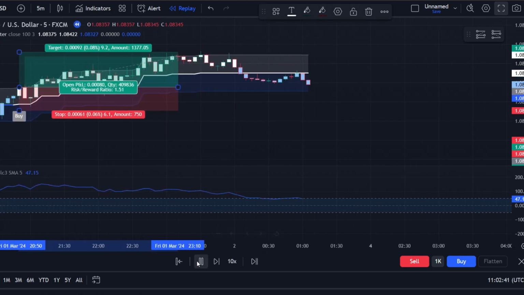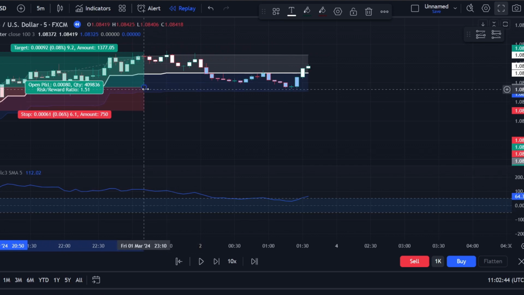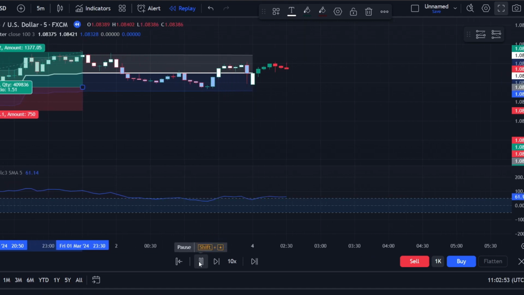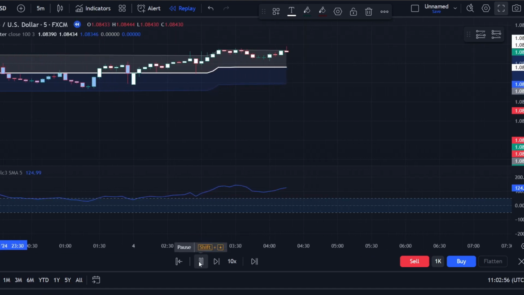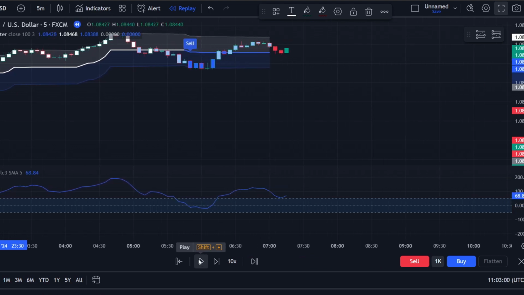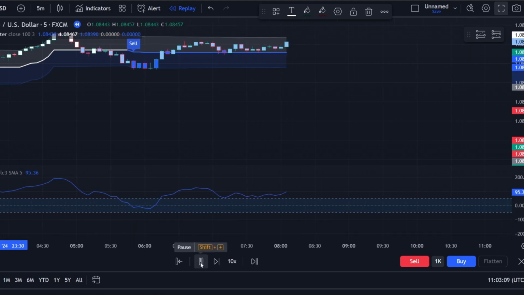The signal is successful, as you see here. Then we get a sell signal here, but the second indicator doesn't confirm this signal. Let's go on.